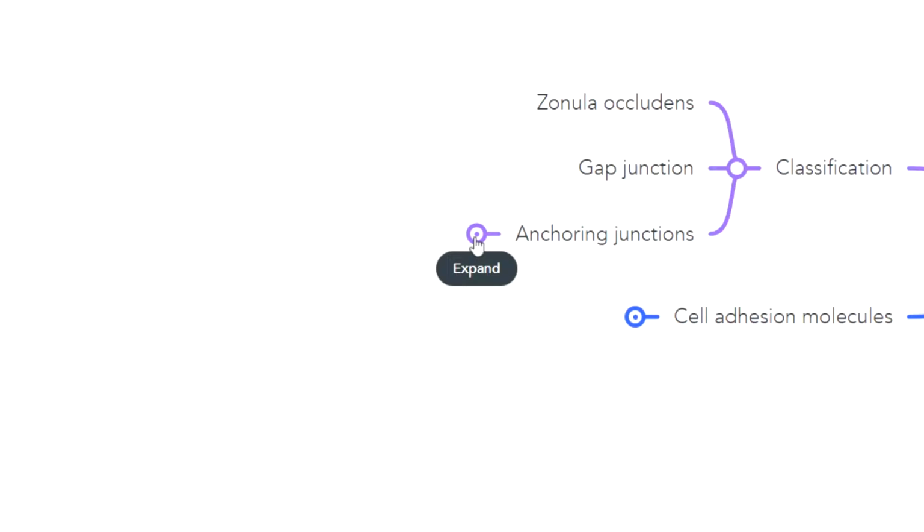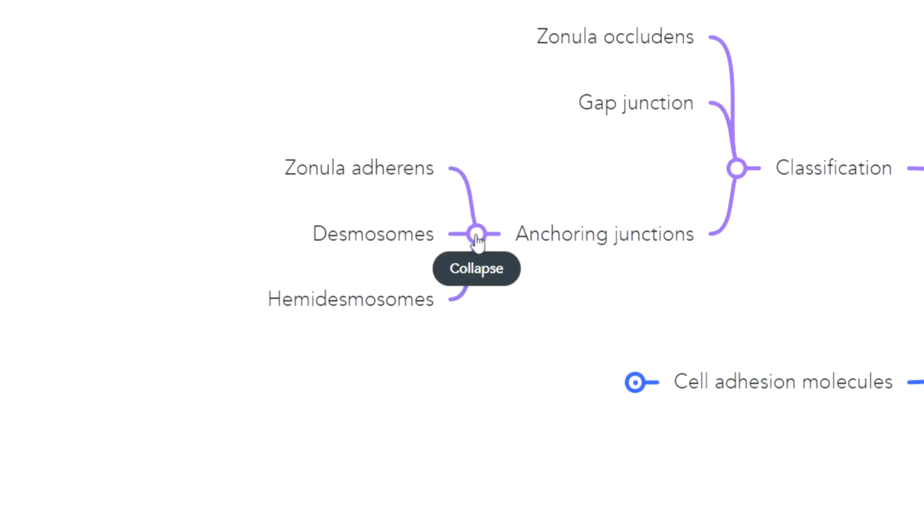Anchoring junctions are of three types: zonula adherens, which is present just close to the zonula occludens, and desmosomes, which are present in between the gap junction and the basal surface.